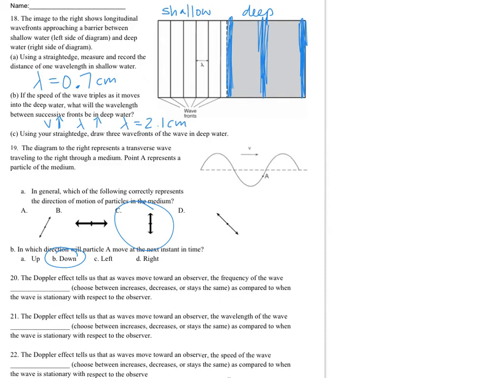So each second this point A is going to remain still in its spot, and it's only going to vibrate either up or down. So if we keep that same point A, but the wave travels, if I show this wave moving to the right, I'm going to draw it over here.